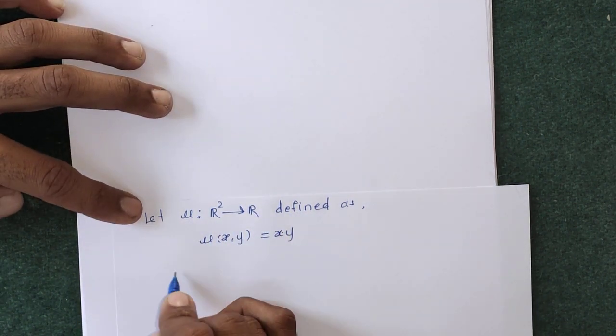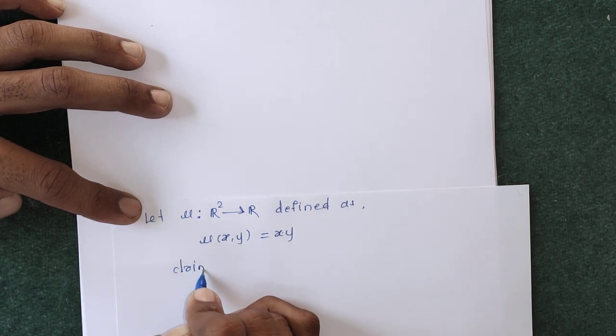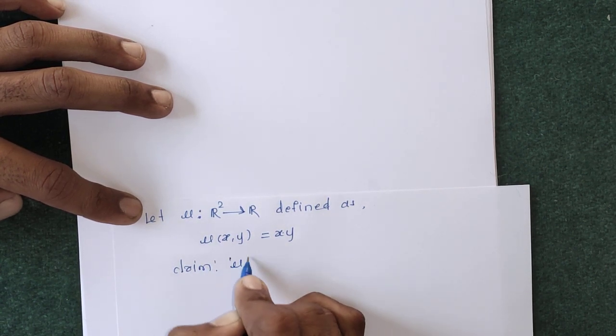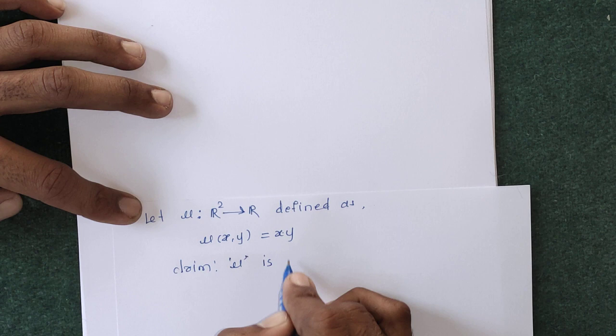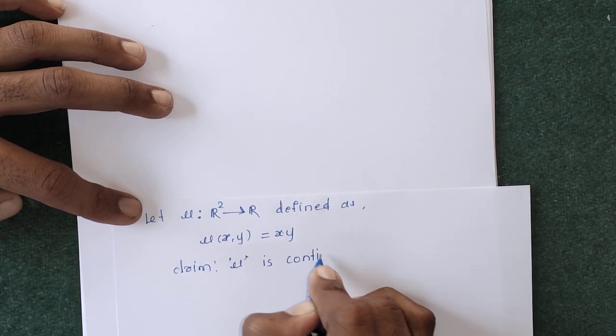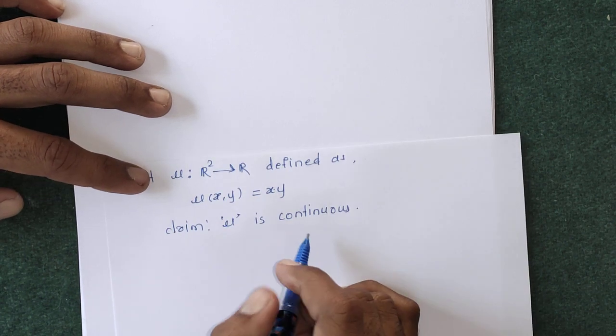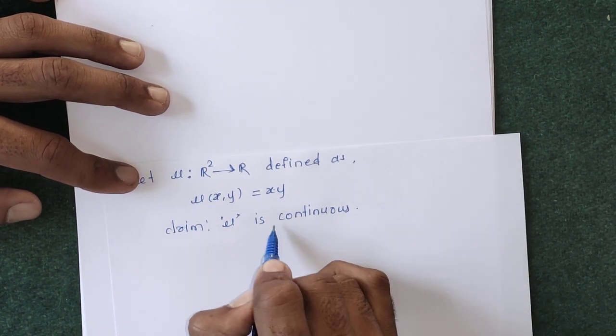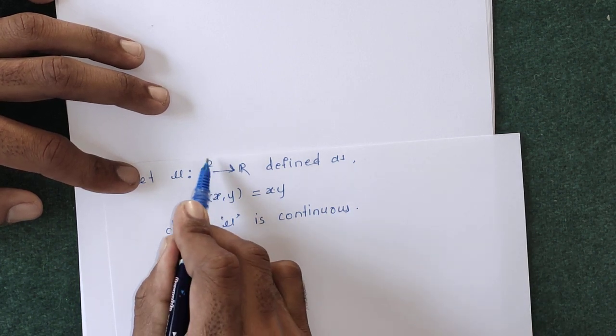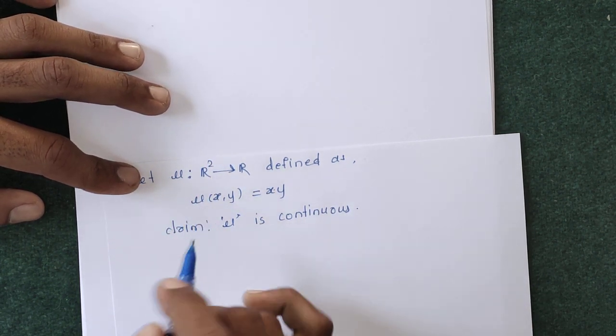Our claim is this mu is a continuous function. To show this function is continuous, we will take a sequence in R square which converges to some element in R square.